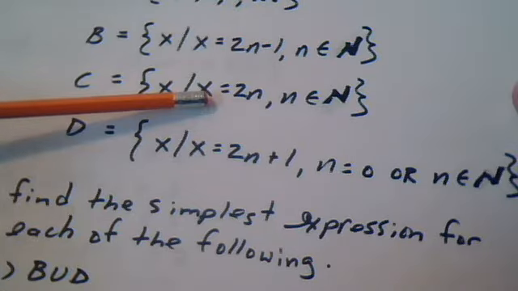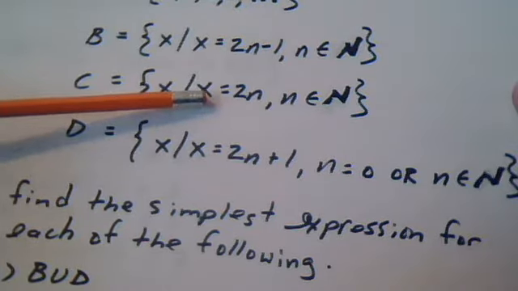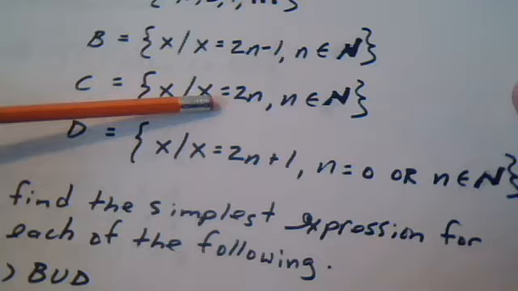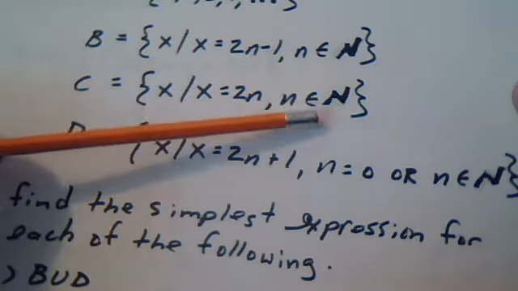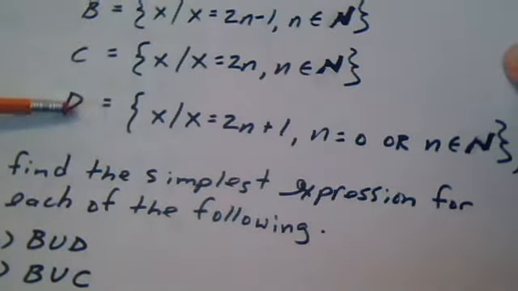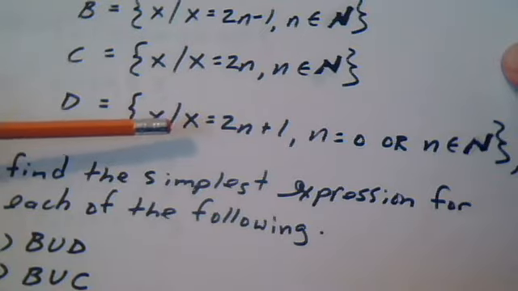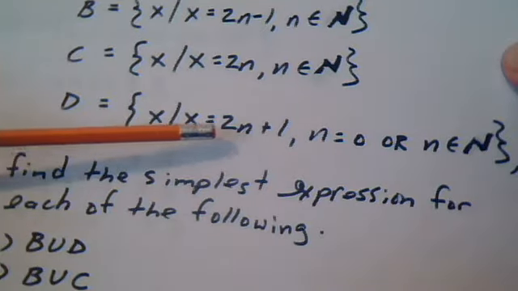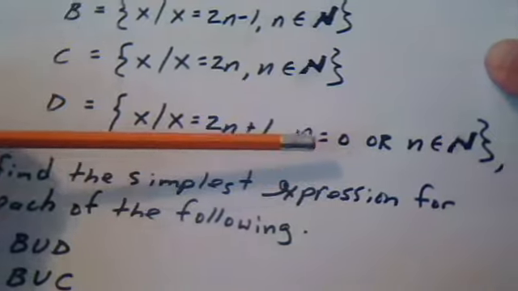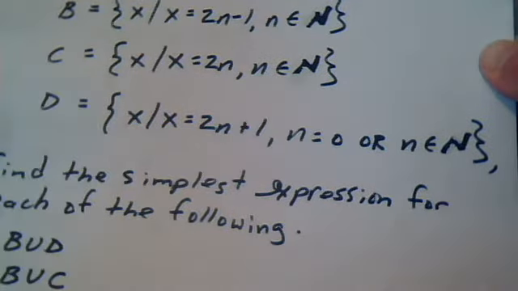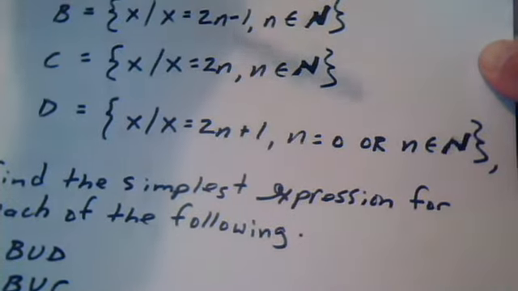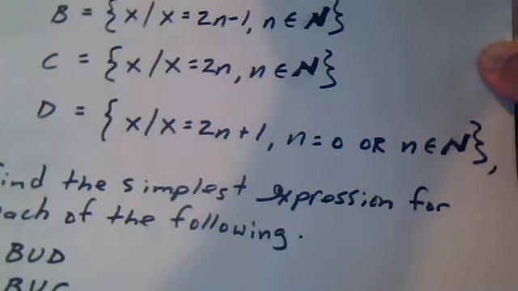C says that you could produce the members by using this description where you substitute the n with the natural numbers, and the members of D can be produced by substituting n with 0 or the natural numbers. So we do that first. Let's find out what the members look like for each one of those sets.